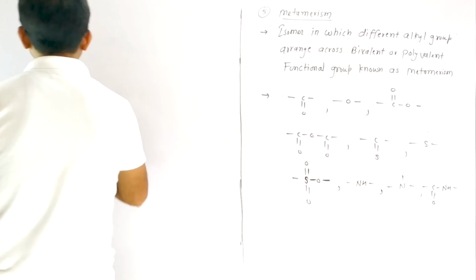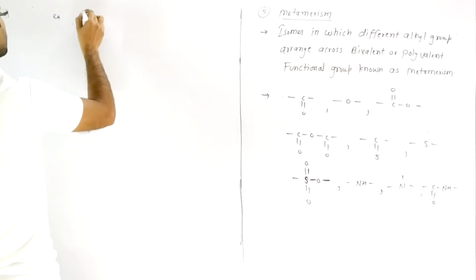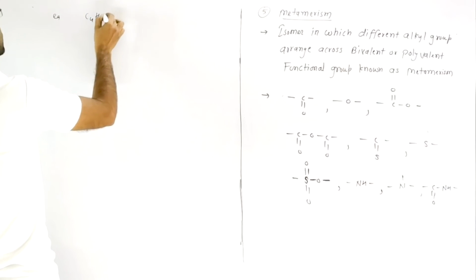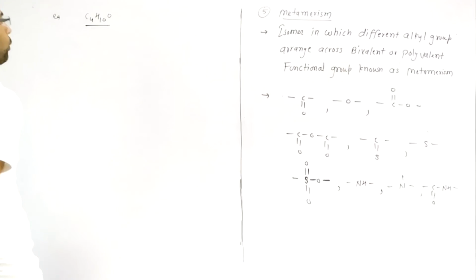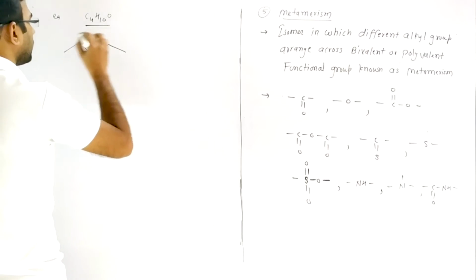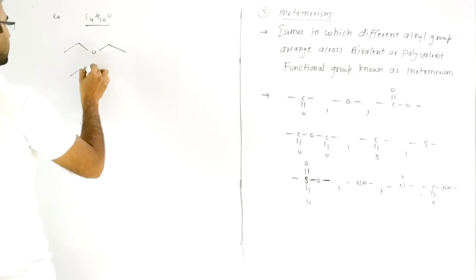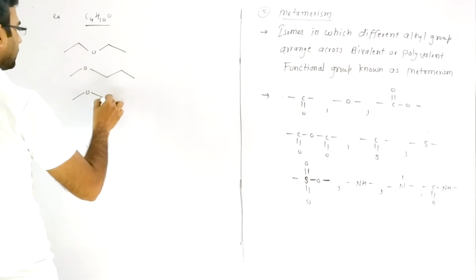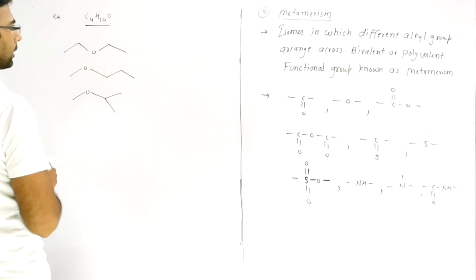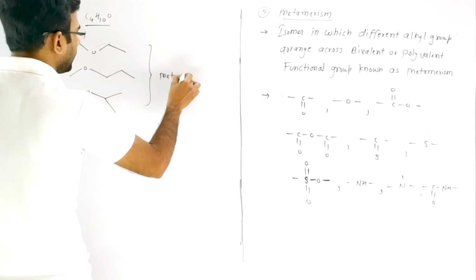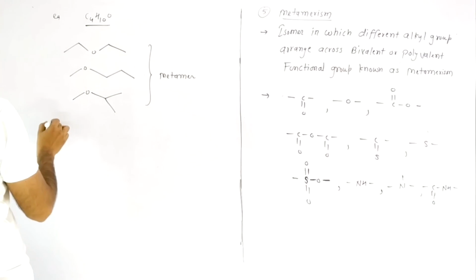Now we have some examples. We have the formula C4H10O. Now in this formula we draw diethyl ether, methyl propyl ether, and isopropyl methyl ether, and these are all metamers of one another.